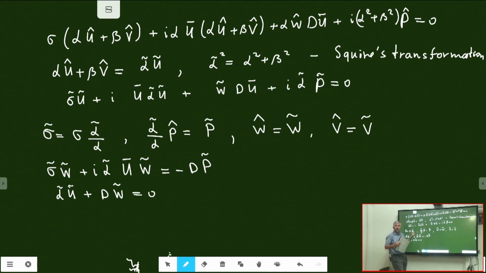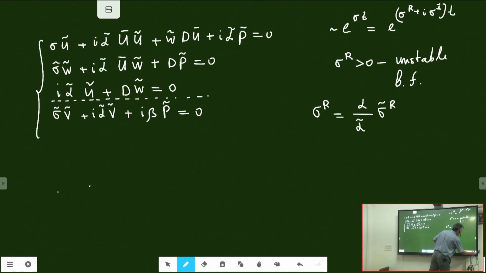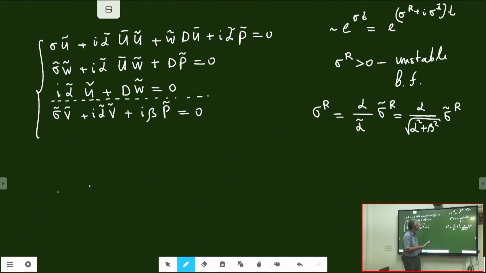In particular, this relationship will work with the real part of that quantity. Okay. So I will write this explicitly. This is alpha divided by the square root of alpha squared plus beta squared.